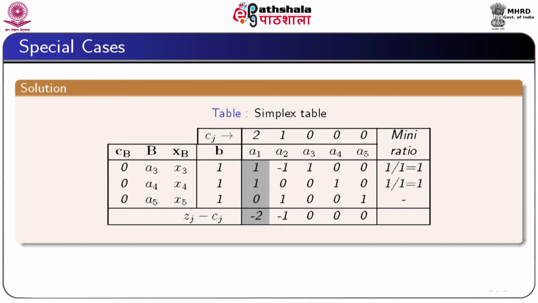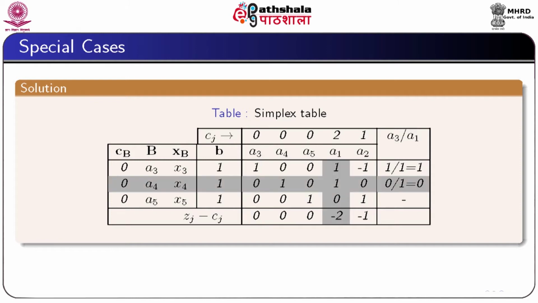To select the right one, we follow the algorithm and rearrange the columns so that the vectors forming the original unit matrix come first and then the other vectors follow. For this rearrangement, the costs Cj's need to be rearranged accordingly.